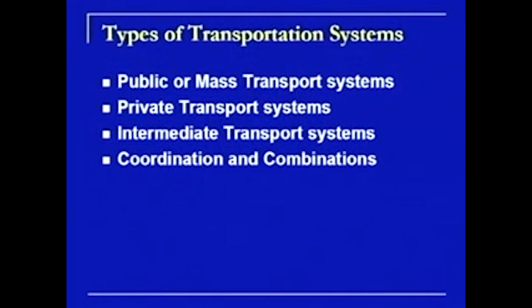Other than these three systems, we have the coordinations or combinations of all these systems. In the case of combinations and coordinations, we can look at the aspect of taking the mass transport system. Mass transport systems are not necessarily available to you at your doorstep. Therefore, when you have to take that system, you have to reach the station from where you can get this facility.